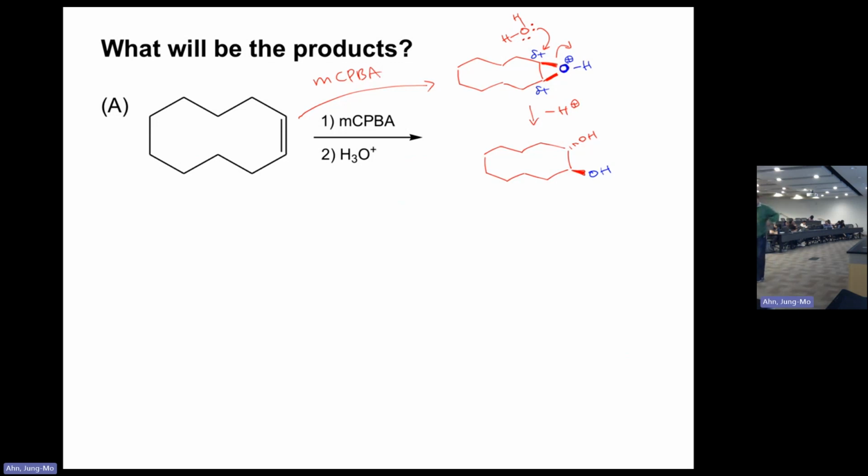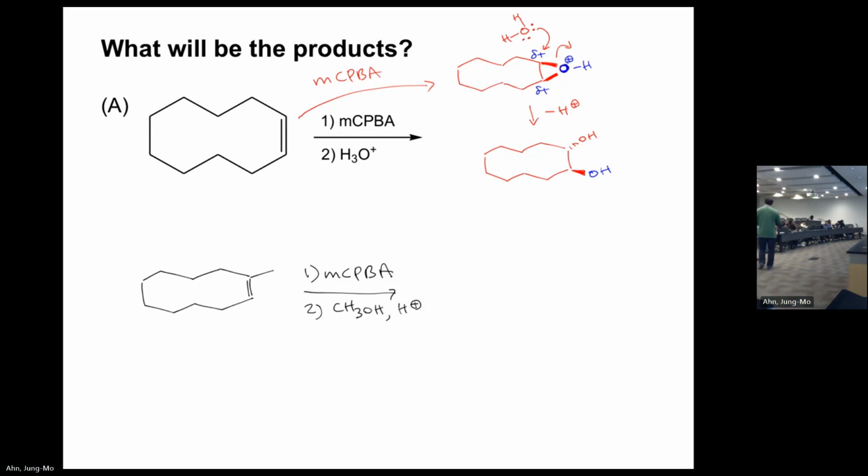So that is basically the first thing I want to say. And a variation we can make to this question: everything is the same, we only change the water to an alcohol. The reason we change that is because we don't want you to memorize an epoxide in acidic water going to a diol.